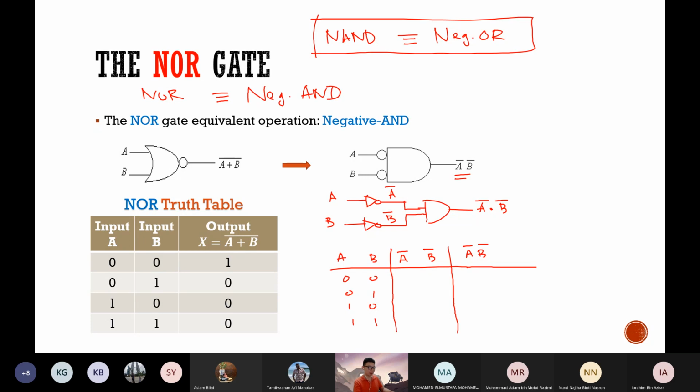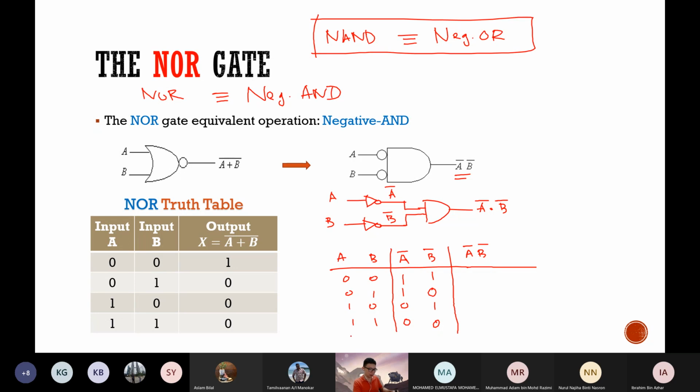Let's take a look at how we compute A bar. A bar is just an inversion of A. So A is 0 0 1 1. The inversion of that will be 1 1 0 0. Then the B bar will be 1 0 1 0. Double check my work with me: 0 becomes 1, 1 becomes 0, 0 becomes 1, 1 becomes 0.